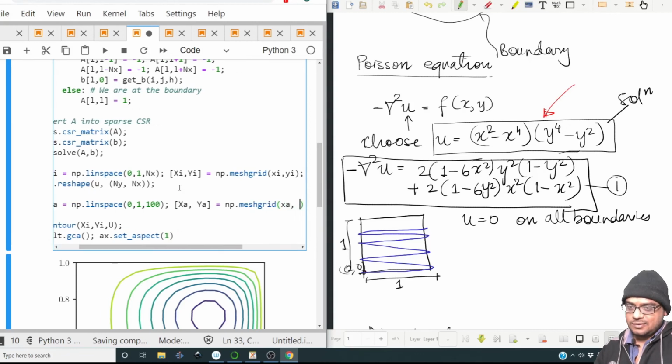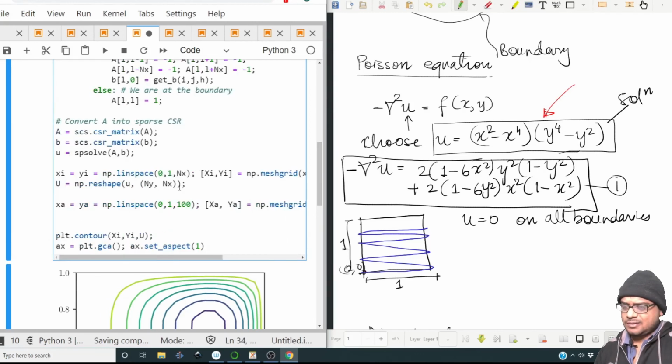xa ya, then u analytical will be simply xa square minus xa to the power 4 times ya to the power 4 minus ya square.